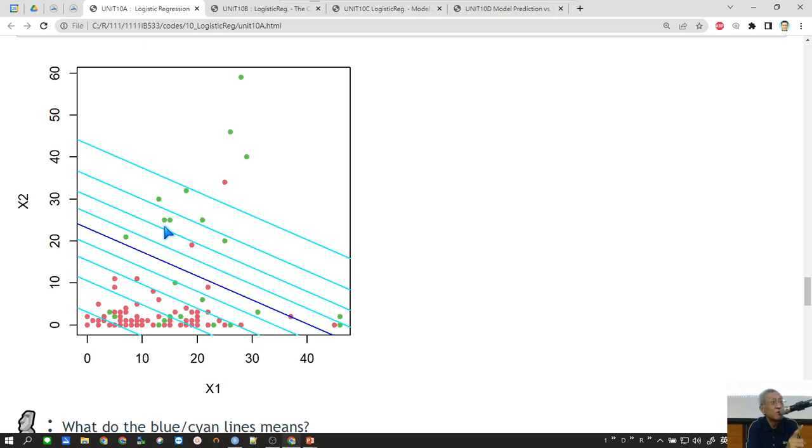So the data is finite, isn't it? But as long as you build the model, you can do the prediction on the entire space of the predicting variables, isn't it?